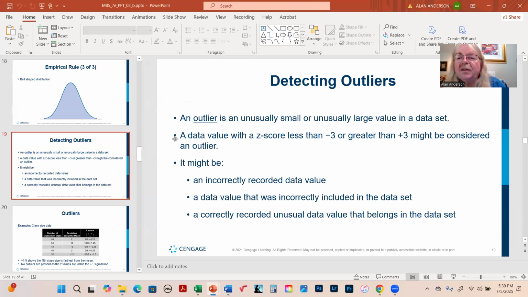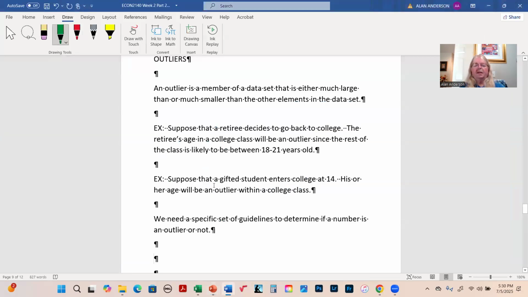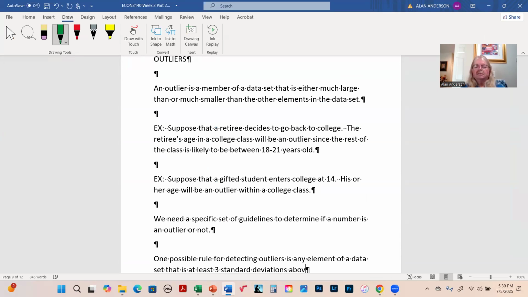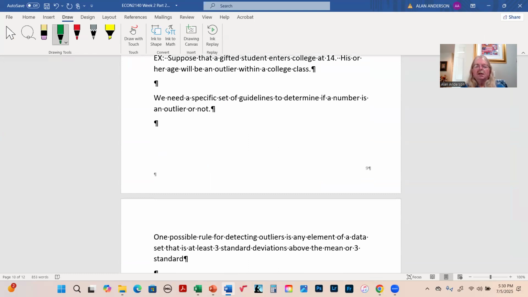In this particular case, the rule that they're going to use is any element of a data set that is at least three standard deviations above the mean or three standard deviations below the mean.